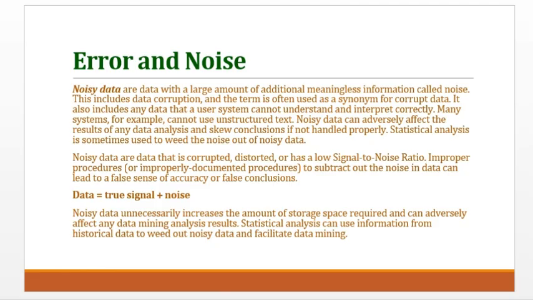In this case, data is equal to the true signal plus noise. Noise is often caused by data collection errors, inconsistent labeling, and random fluctuations in real world data. Thus, it can increase the amount of storage space required and can adversely affect any data mining analysis results.